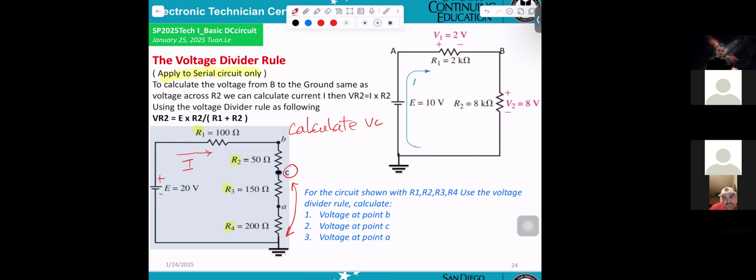You add them up, and that gives the voltage VC. So to calculate it, you have to calculate the current and the total resistance first. And now they want to use what they call the voltage divider law.